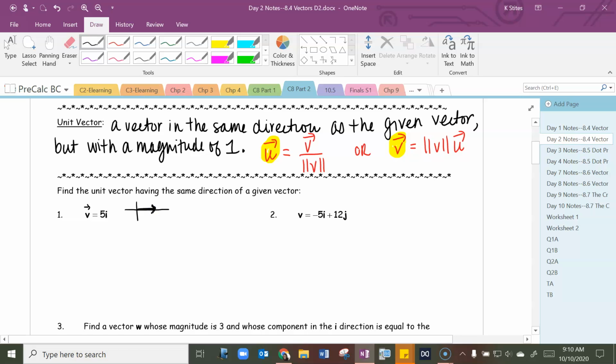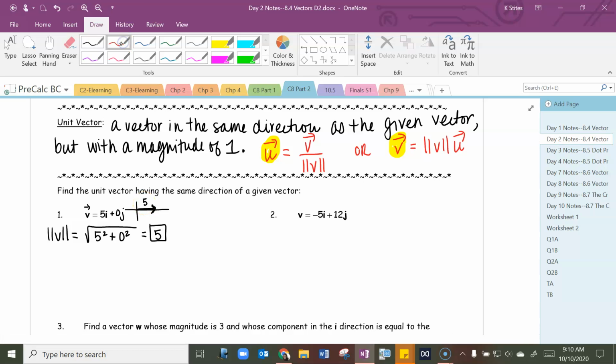All right, now the first thing we're going to do is find the magnitude of this vector, which is the length. The magnitude is just the square root of our x component squared plus our y component squared, and because there is no y component, it's really just the square root of 5 squared, which is 5. That means that our little arrow here has a length of 5 in the x direction.